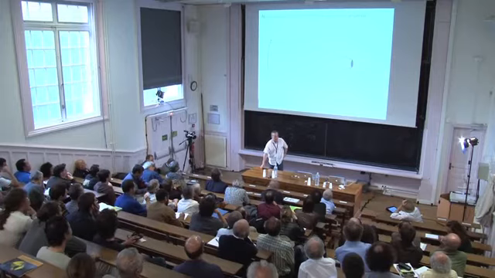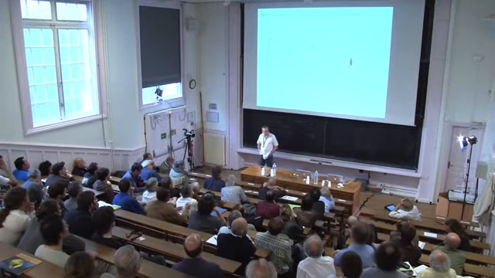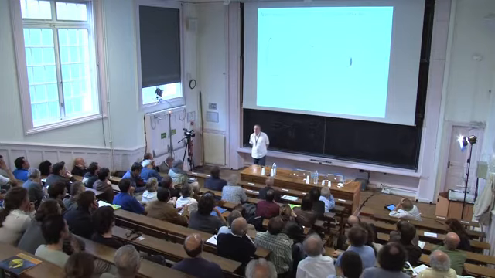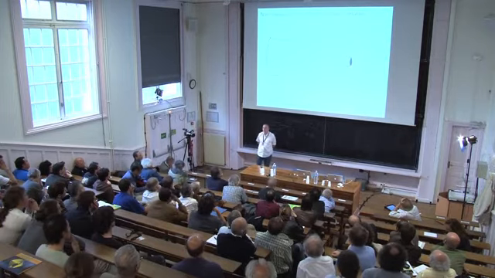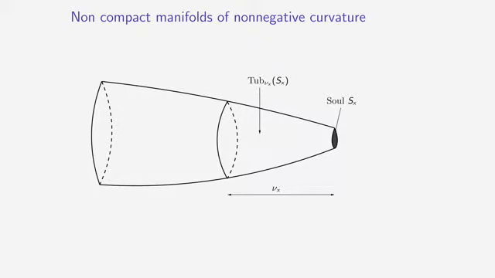So here I draw a picture of non-compact manifolds with non-negative curvature. It comes from Cheeger-Gromoll theory that was already mentioned this morning, that the manifold is like this. What do I mean by like this? There is a compact core, which is called the soul, which is convex, totally geodesic, and with non-negative curvature, on which the manifold is a bundle.